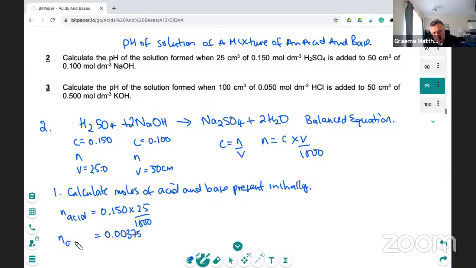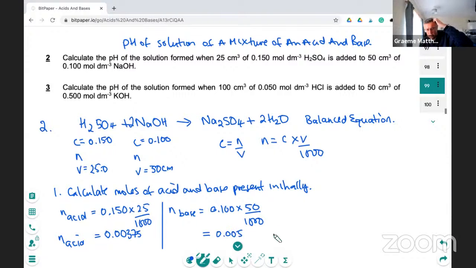And then the moles of base, same exact logic: 0.100 times 50 over 1,000, which is 0.005.